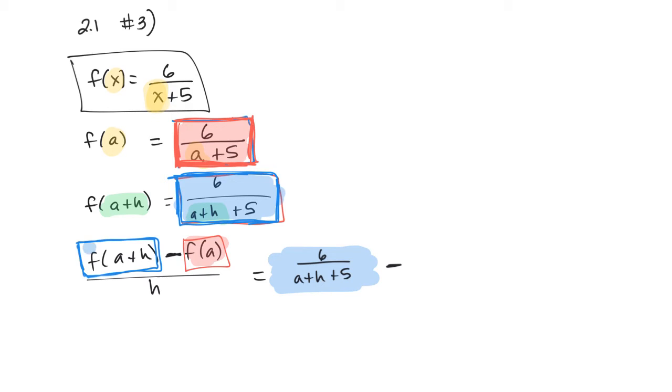We already did that. Now we subtract f of a, and our expression for f of a is 6 over a plus 5. Now we're supposed to have a big fraction bar, and now we're supposed to divide that by h.